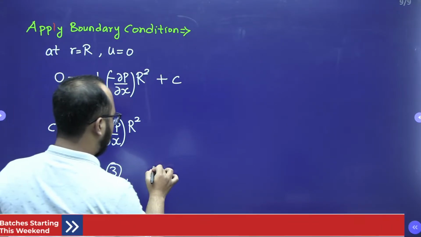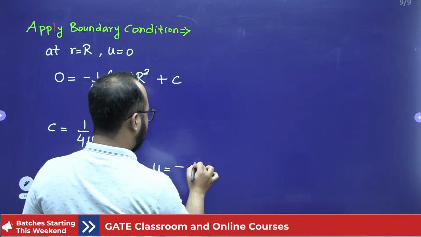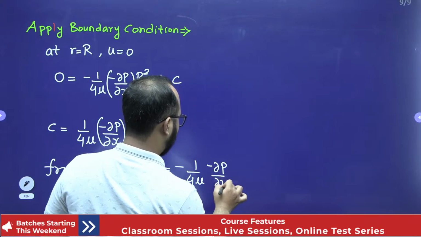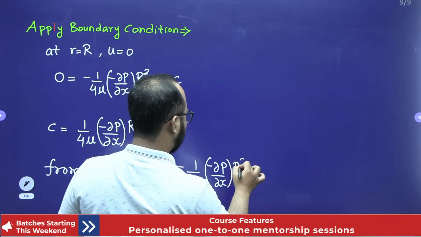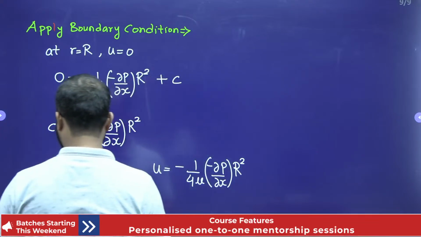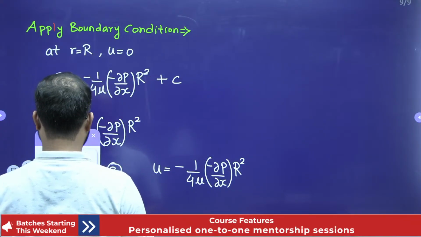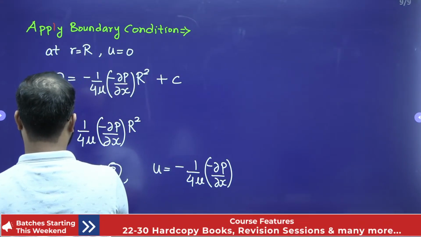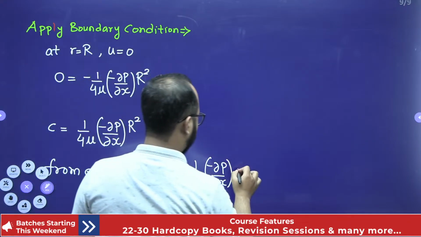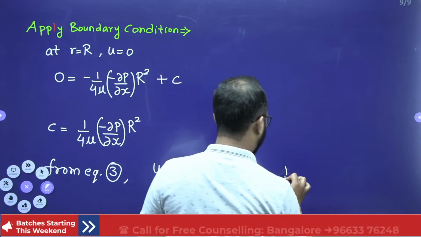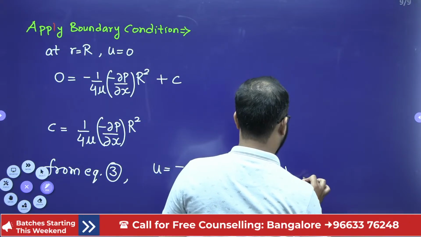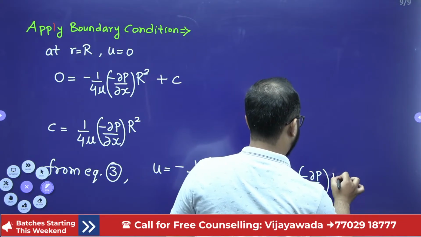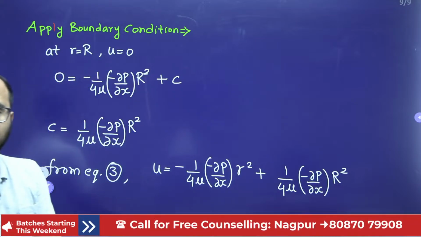From equation 3, your U relation will be minus 1 upon 4 mu, minus dou p by dou x, into small r square, plus 1 upon 4 mu, minus dou p by dou x, into capital R square. Correct? I hope the point is clear.